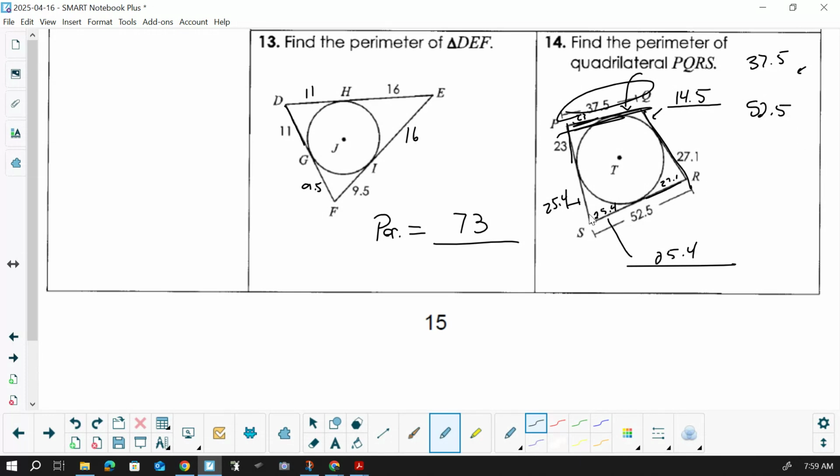And we're going to do this whole side, which would be 23 plus 25.4. That's what's going to go right there. And then once you have all four of those numbers, you're going to add those up, and you end up with a perimeter of what? That's right, 180. Okay? And there's your notes for pages 14 and 15. All right. Thanks for listening.